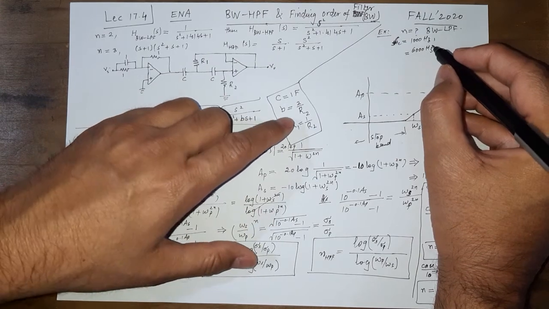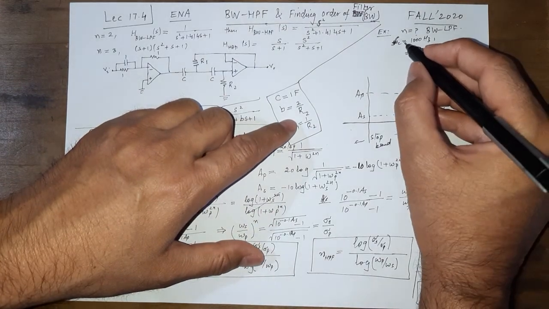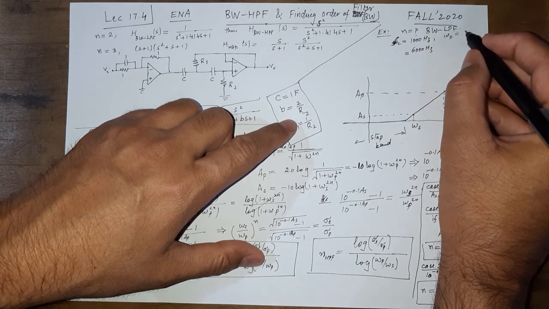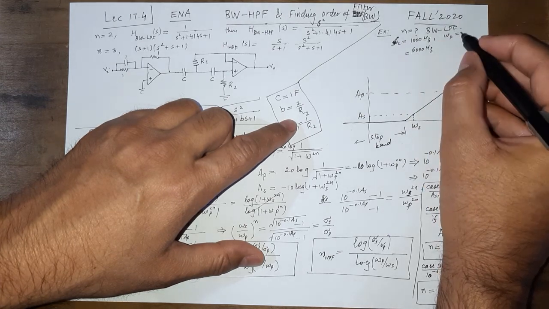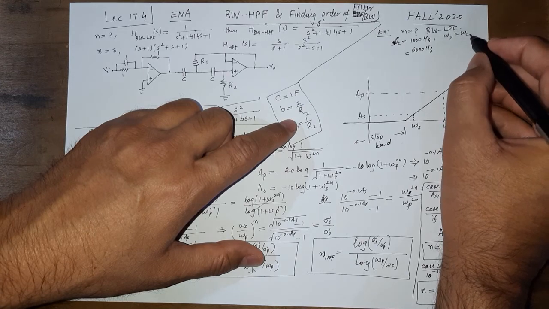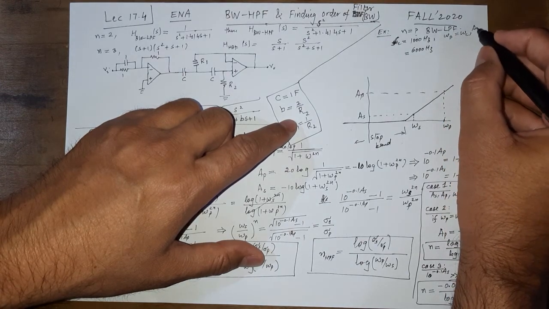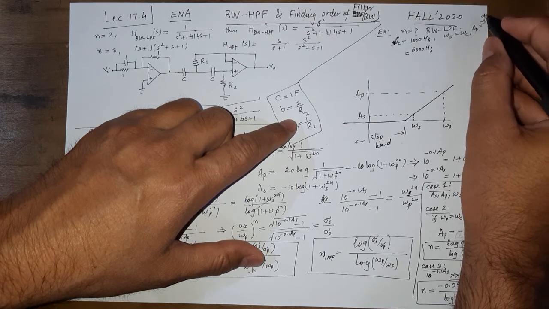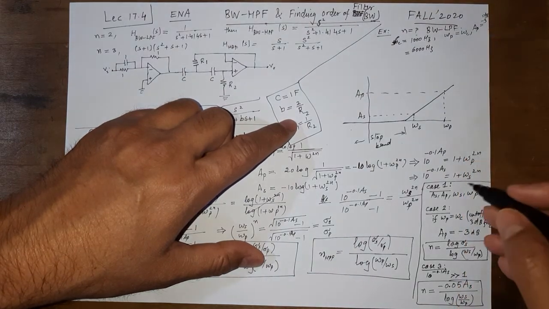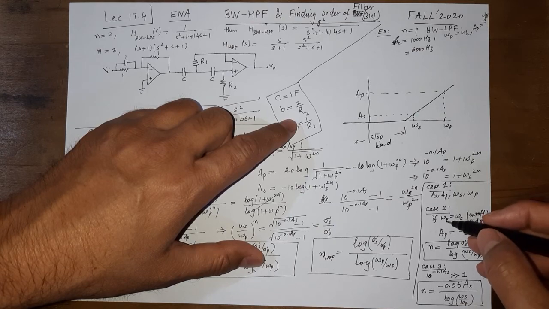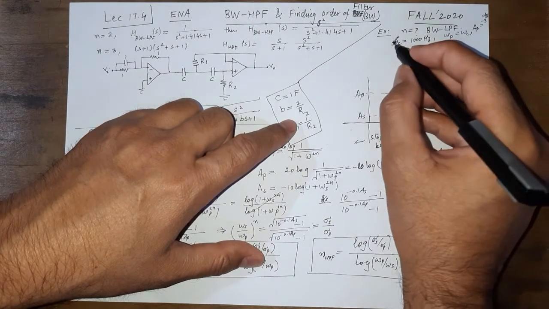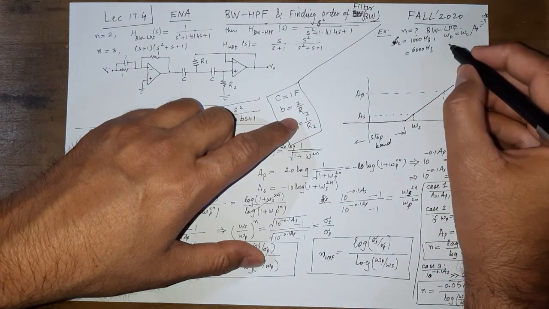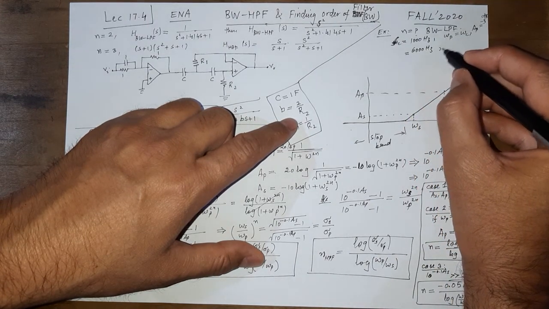So we can see that omega p is the cutoff frequency omega c, and AP is minus 3 dB. So in this case omega p is omega c, and therefore this will be related to AS.